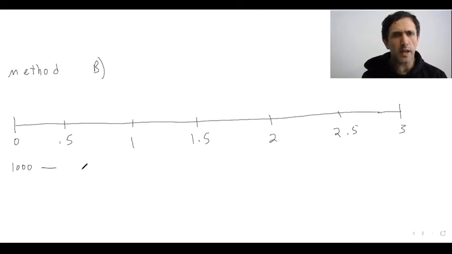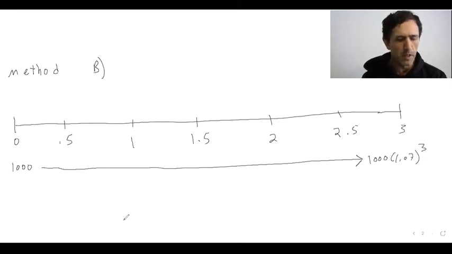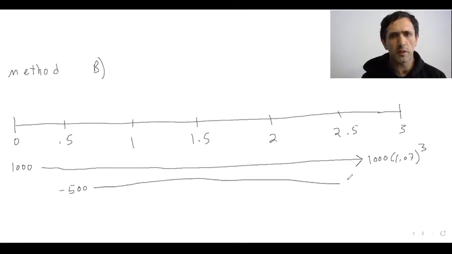Well, at the end of 3 years, and give yourself plenty of room here when you draw a time diagram, the 1,000 accrues 3 years of interest at 7% per year. So it's 1,000 times 1.07 cubed. Okay, so we withdraw 500, 6 months later.